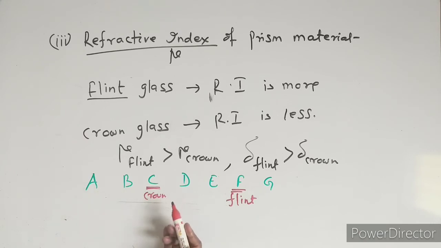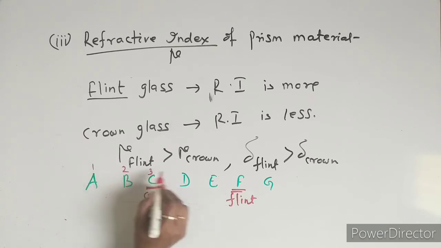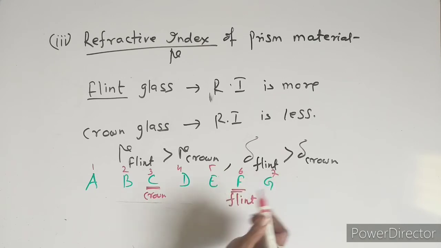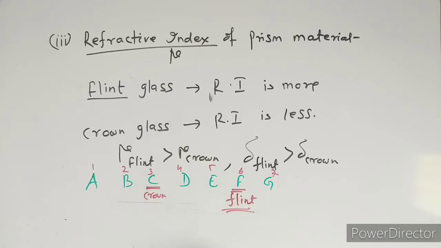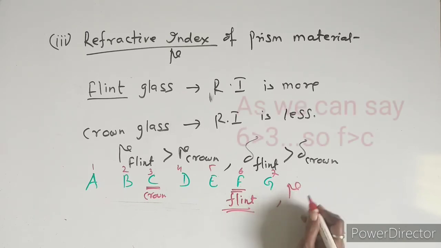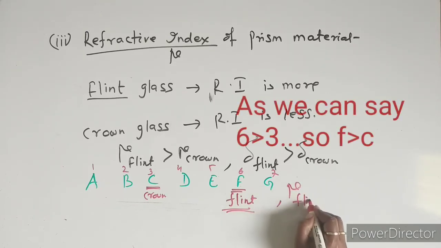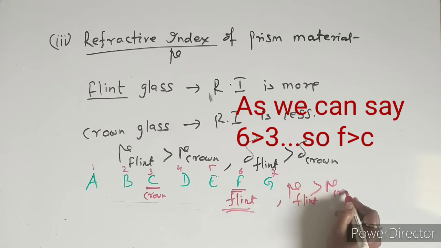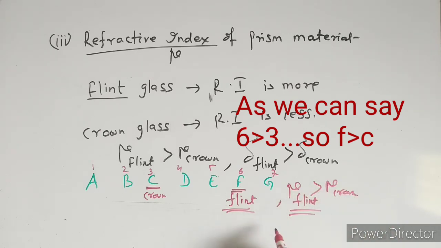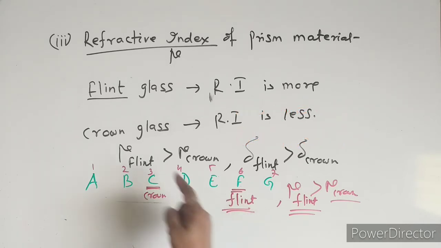If we give the values 1, 2, 3, 4, 5, 6, 7, flint glass gets the number 6 and crown glass gets the number 3. This is because it is practically confusing for the students. So we get mu flint is greater than mu crown. So the deviation produced in the flint glass will be more than the deviation produced in the crown glass.